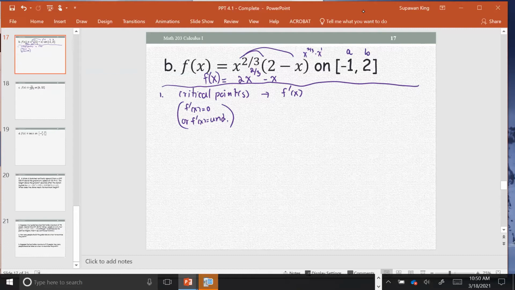Think about the property of the exponents. When you multiply the two exponent terms with the same base, what would you do with the power?